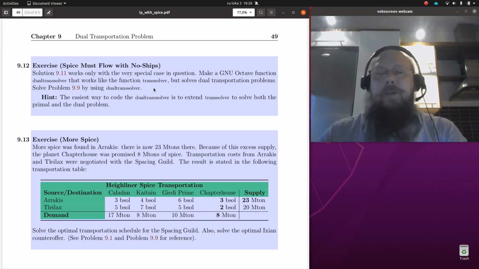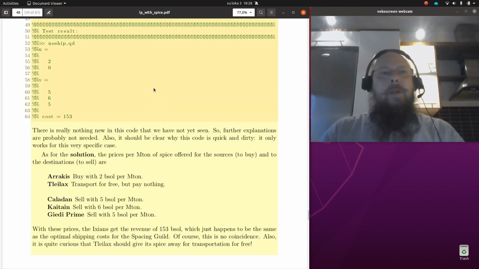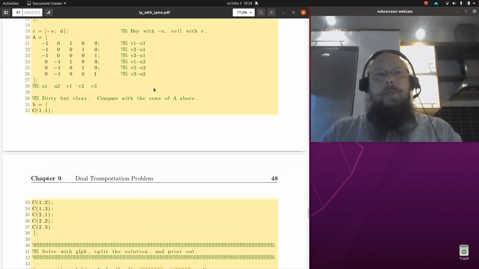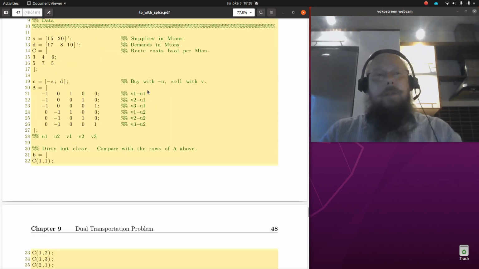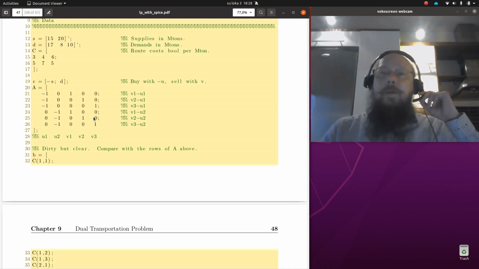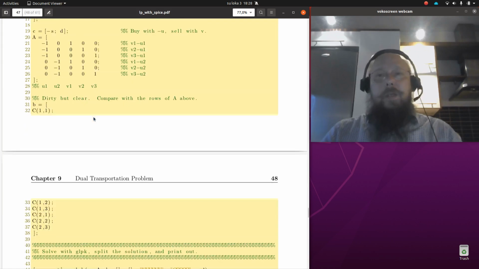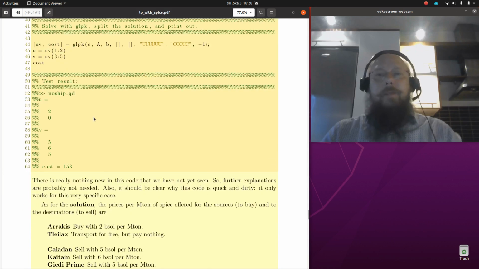Building a technology matrix A will be relatively complicated. As it was in the transsolver, it will be in the dual transsolver. To build this in a general form, I expect you to make a lot of mistakes when you try to do it, and it will take some time to get it right. So it is not too easy.